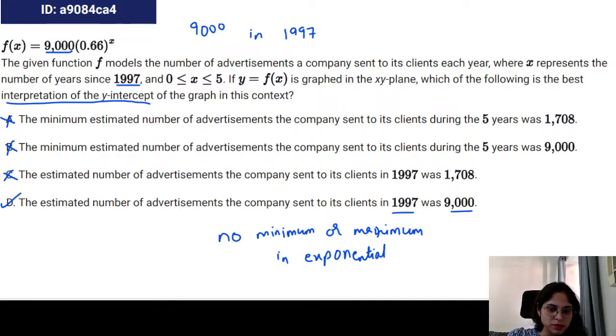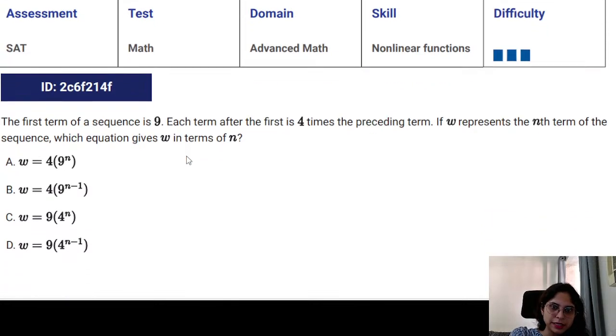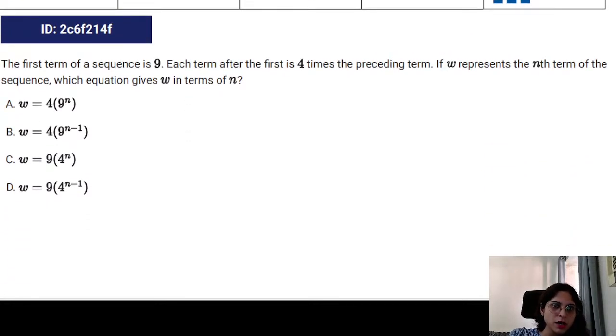Next is question number 6. Oh, this is a geometric sequence. So I will directly tell you the formula for a geometric sequence. How do I know it's a geometric sequence? Because the first term is given and you are multiplying 4 times. So whenever you are doing this, it is a1 times r to the power n minus 1.